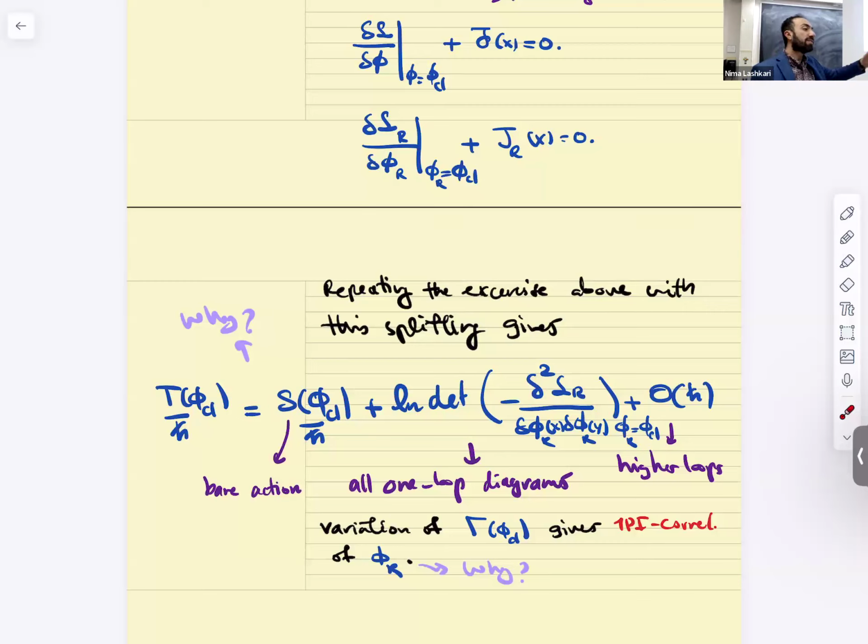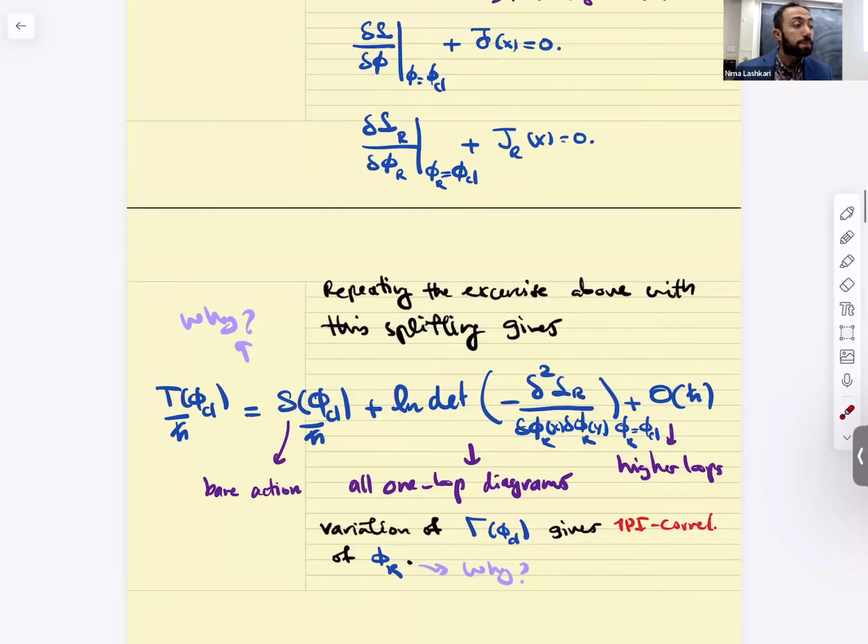That structure continued for an n-point function. You would always dress them with n 2-point functions outside. The job of this guy is to generate those 2-point functions. I think it's a good exercise to just keep taking derivatives of this guy. Let's see what you get. Any questions?